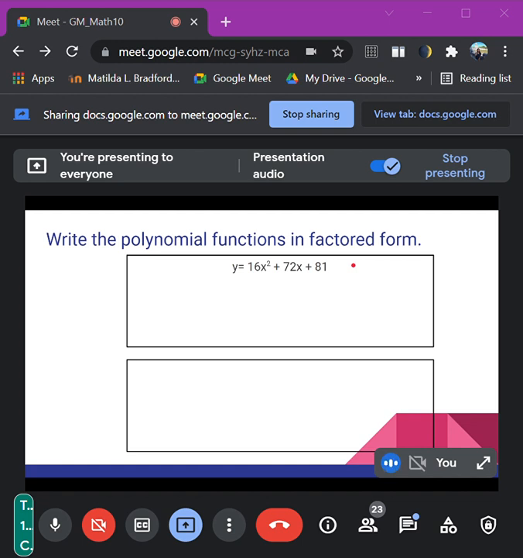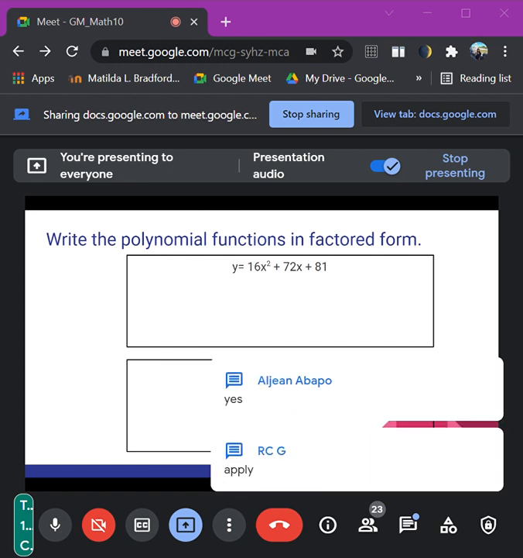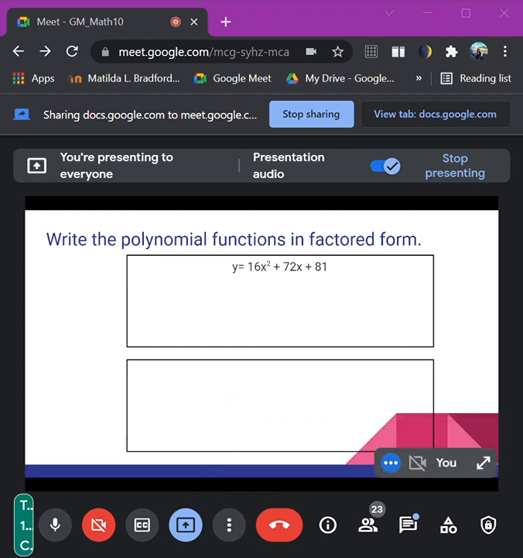Can we apply the perfect square trinomial? If it's a perfect square trinomial, we look at the first term and the last term. Can it be applied? Yes. Okay, very good. Now what is the factored form of the perfect square trinomial? What is the result? It is x plus y squared, or we can say we have the binomial of the same factor.